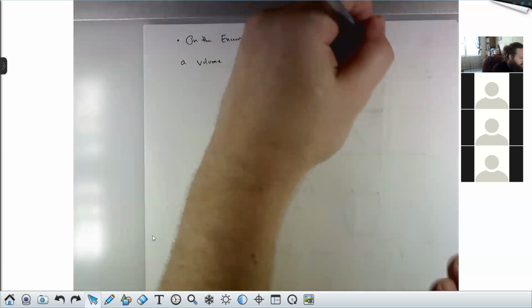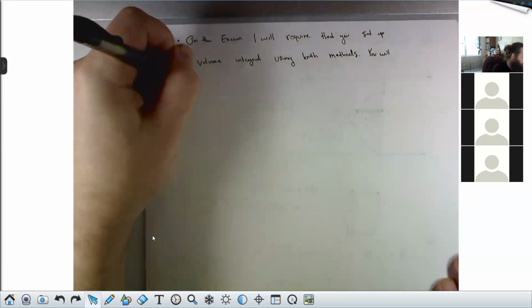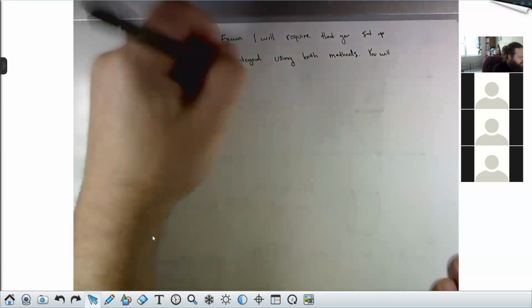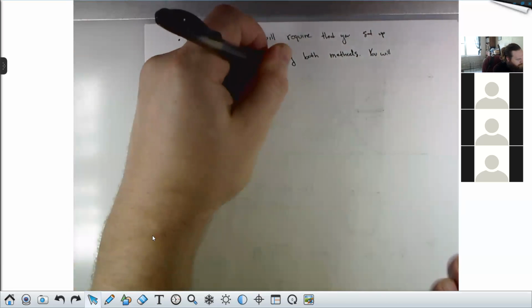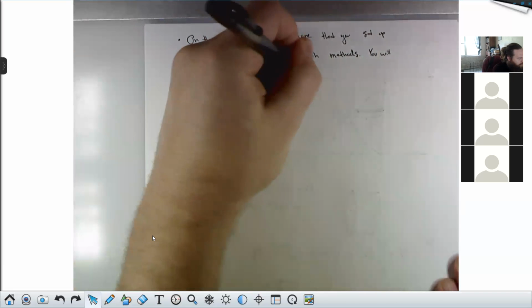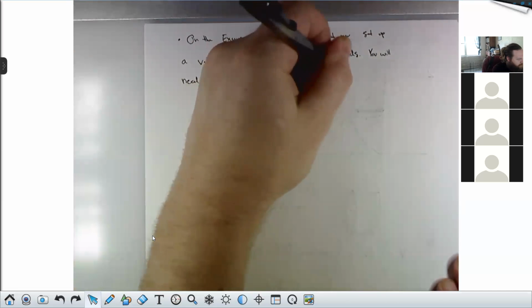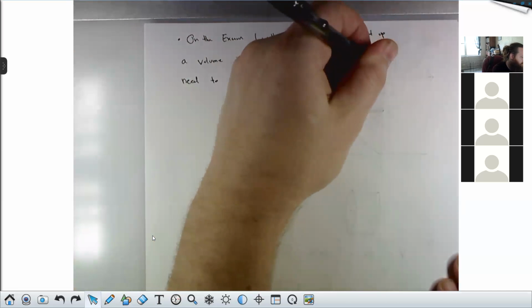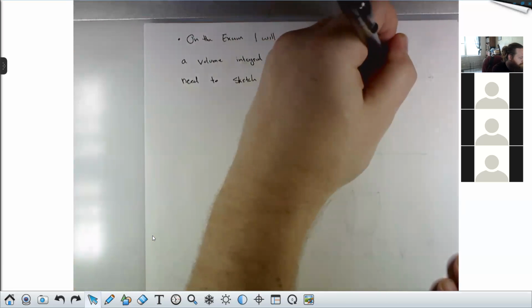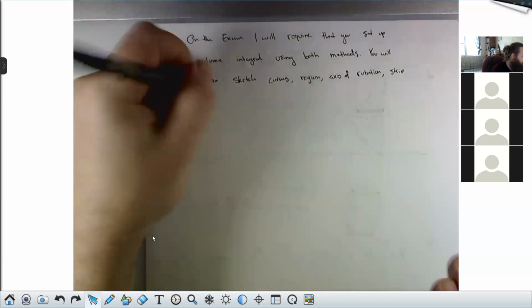You will need to sketch the curves, the region, the axis of rotation, draw the strip, and label distances.